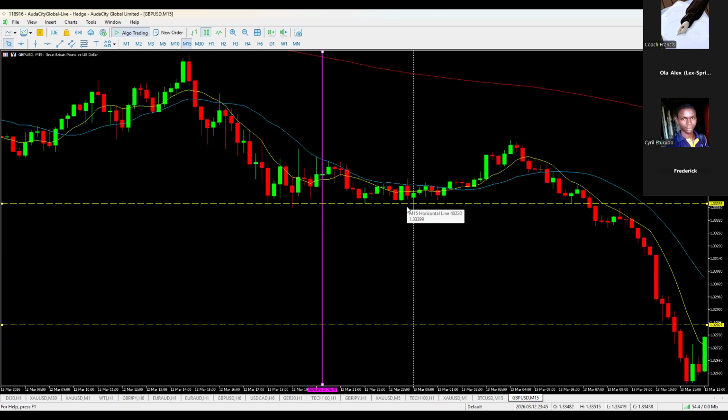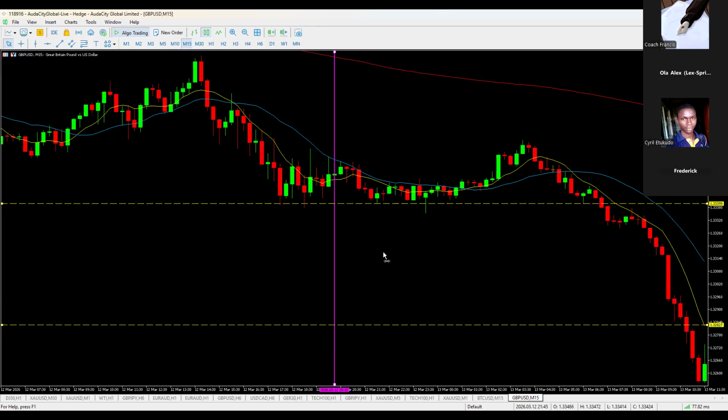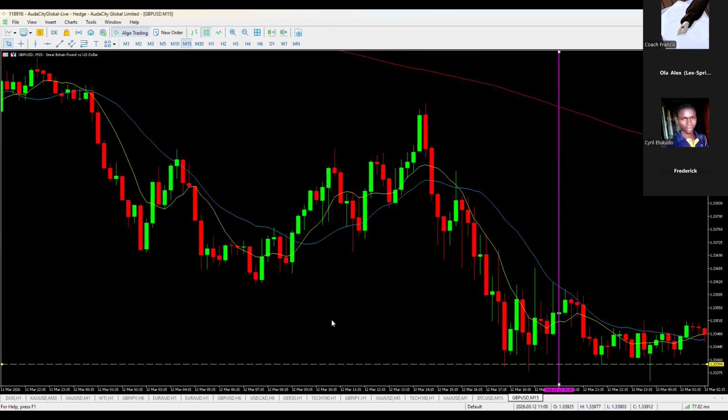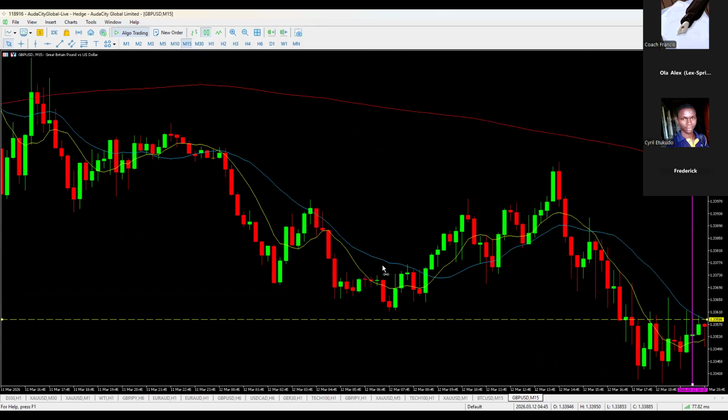So even if you see candles like this, smallish candles, just leave it, move on, and go for candles with big wick, or at least candles that are big on their own as well.